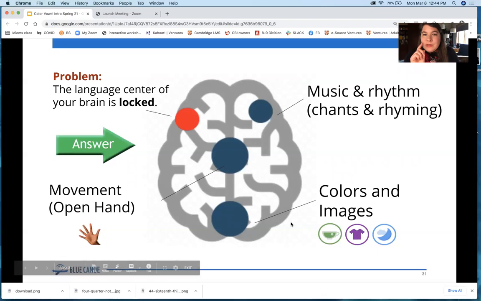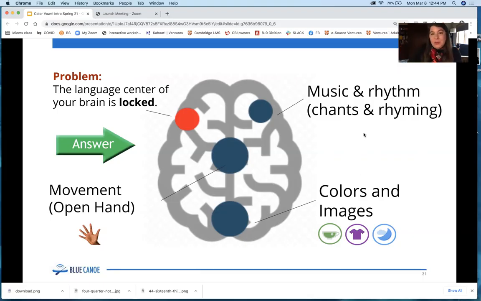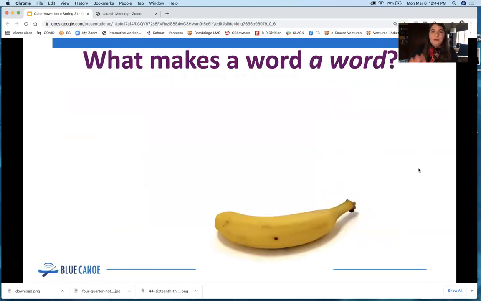So the good news is that you can learn new sounds in a new language, but you need to use your hand, music and rhythm, and colors and images to reach this part of your brain because it's closed. Okay, we're going in the back way. So to review, what color is a word? Where is the stress? Those are the most important things, okay?